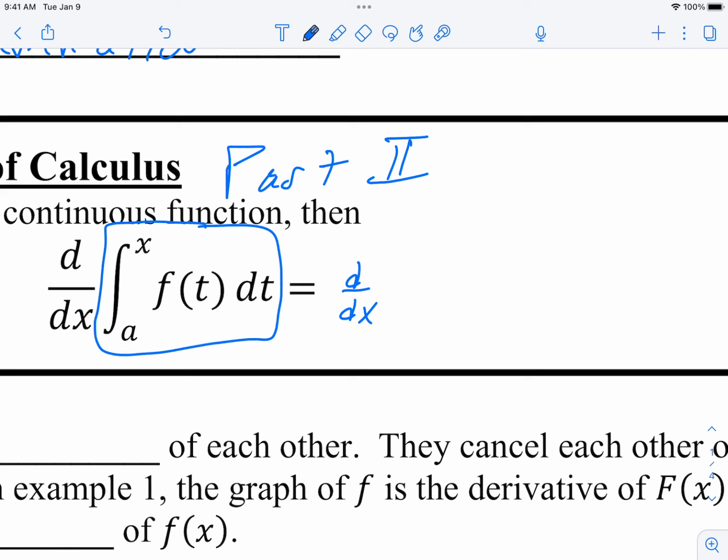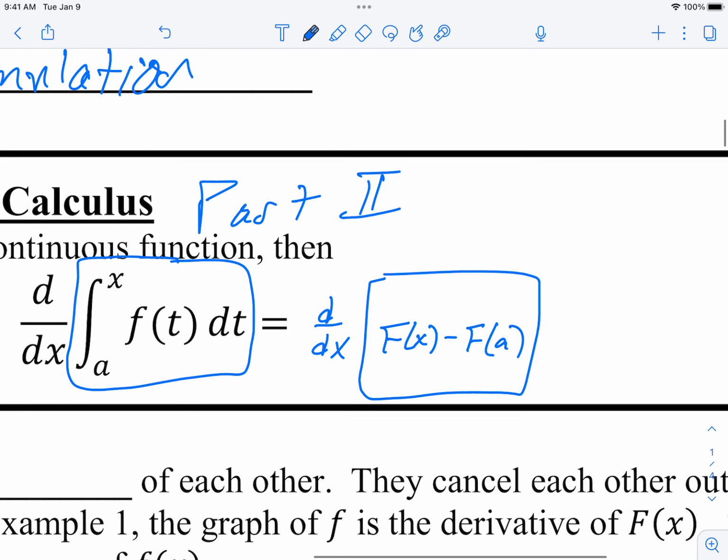So I'm going to put the derivative of the antiderivative, which would be big F, the antiderivative with the upper bound plugged in minus the antiderivative with the lower bound plugged in. Okay, so I wrote it up above too: whenever you see this, the antiderivative of f of x is usually symbolized by a big capital F, and then you put the upper bound in, and then you put the lower bound into the antiderivative, and you subtract them. It was on the quiz.